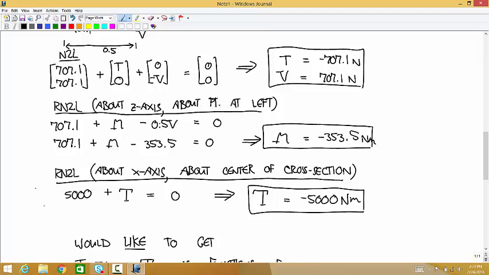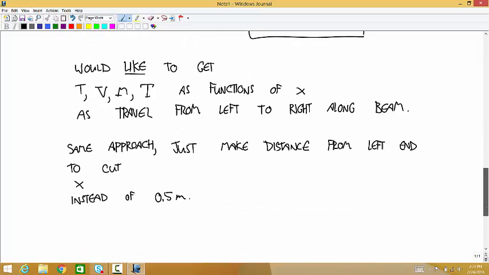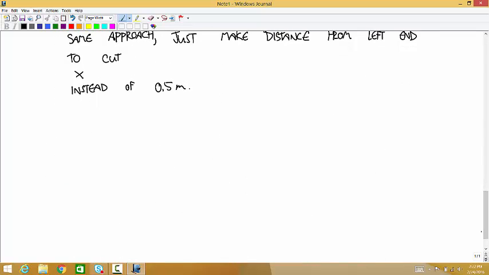That moment arm is going to depend on that variable x. But other than that, all the calculations are the same. It's just you have an x there instead of a number. So now we're going to cut at x, where x is somewhere in the interval from 0 to 1.